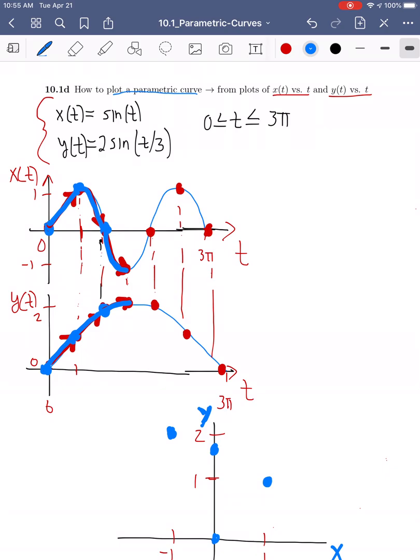All right, let's step from there to the next point. X is increasing because x is going from -1 to a value of 0. So we're back on just the x equals 0 vertical line. And y? Y is slightly decreasing a bit.